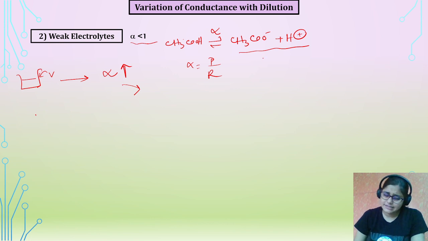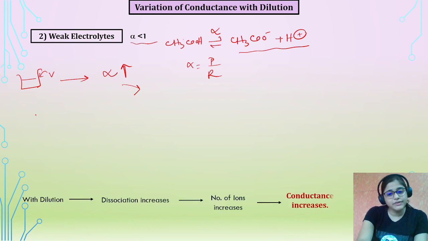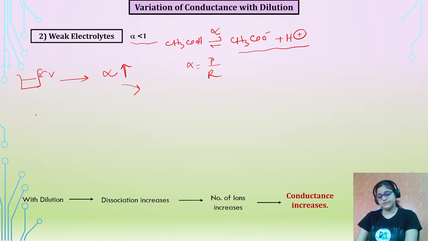So with dilution, dissociation increases, number of ions increases, and conductance increases. Other factors are also there, but the main important thing here is that dissociation increases.